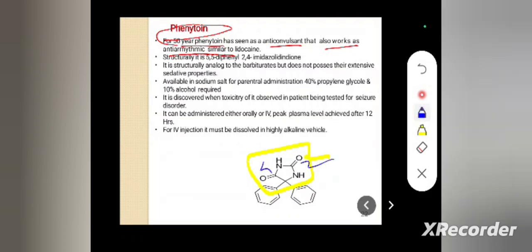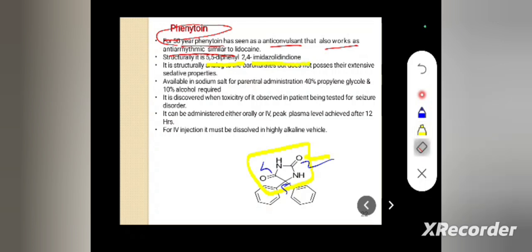At the fifth carbon of that imidazolidinedione, there is a diphenyl substitution. So we can write the IUPAC name for phenytoin, that is 5,5-diphenyl-2,4-imidazolidinedione.